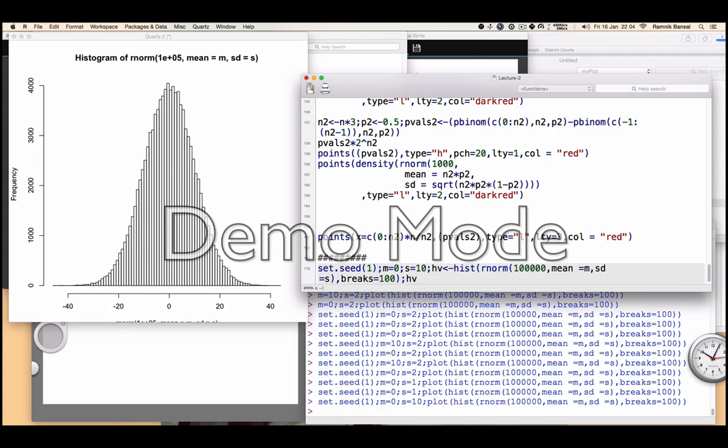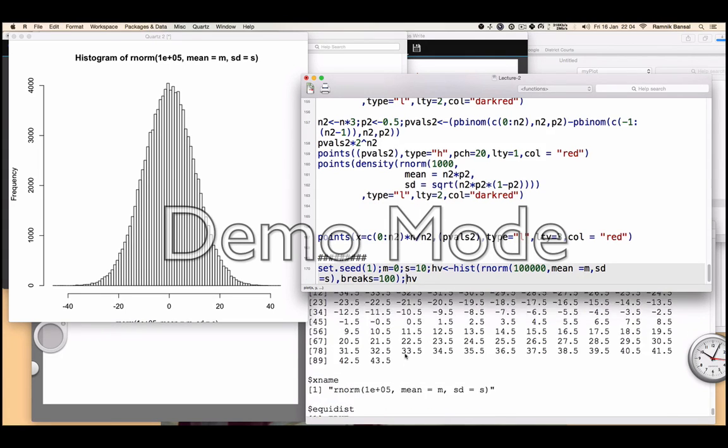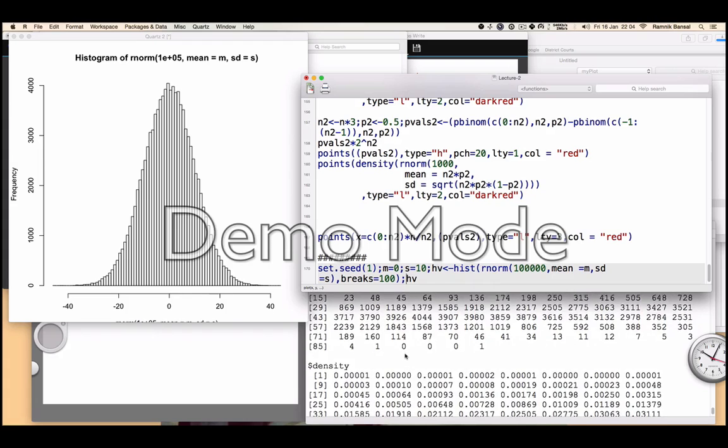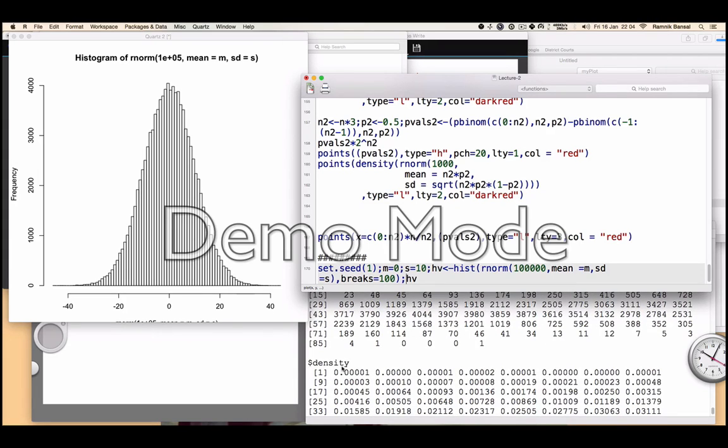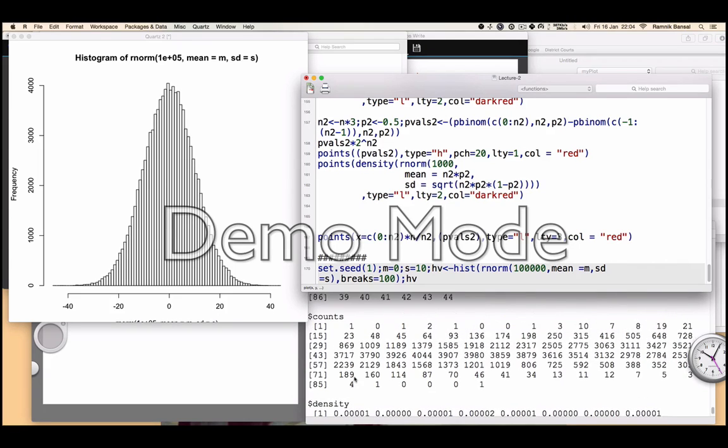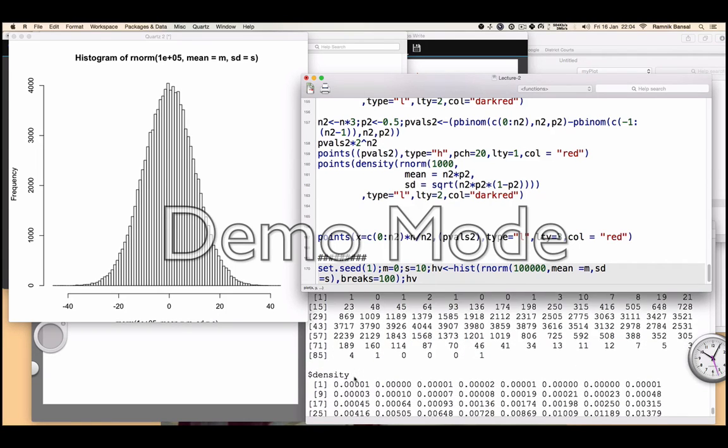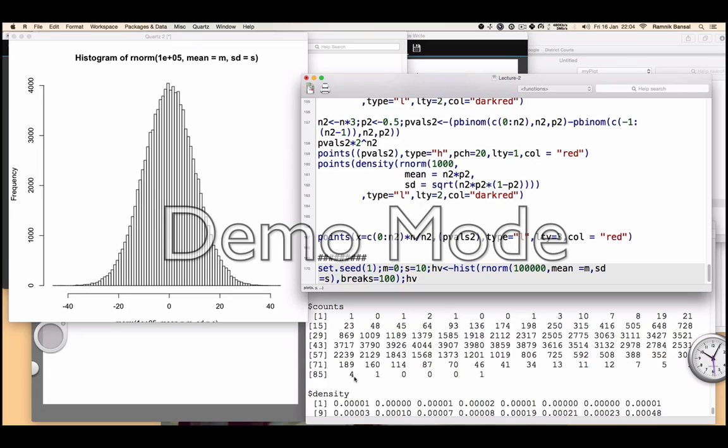So we'll see some values coming up. So in the HV, I have the density curve here, right? So dollar density. So what I will do is I'll plot the dollar density, or I can even do the counts. Okay, so whichever way, both are fine, right? So I can say HV dollar counts. I want to plot this. Okay, let's see what we get.